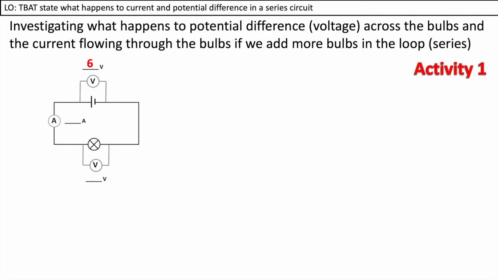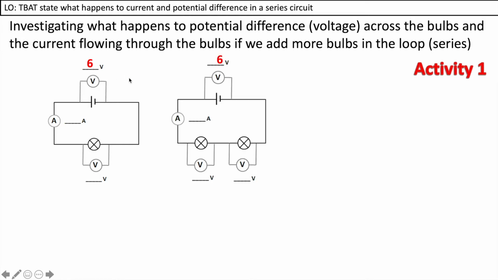Our first activity is going to investigate what happens to potential difference around the circuit as we add more bulbs. We're going to start with one bulb and measure the current and the voltage with a 6-volt power supply. We're then going to connect 2 bulbs and measure the voltage across each and the current again.